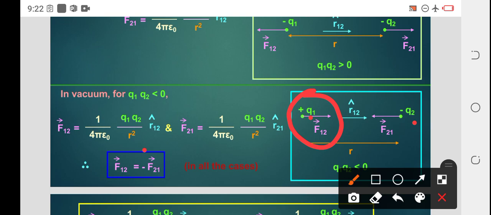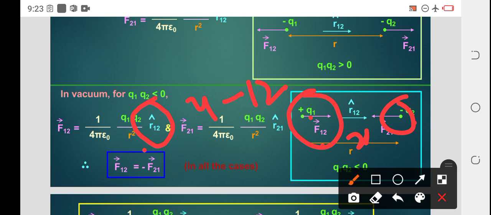The distance would be R21, but since you are taking a negative charge, F21 is changed into F12, and we take R12 in the place of R21 to avoid the negative symbol.